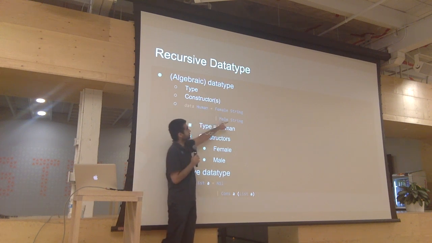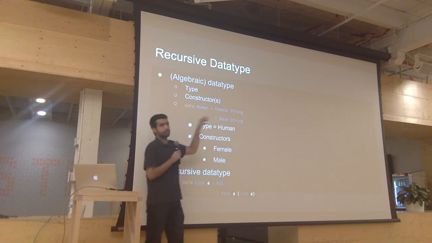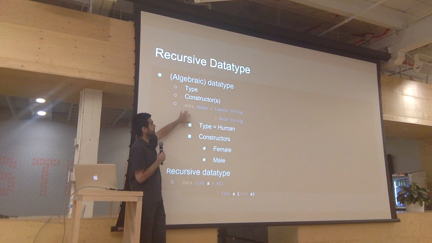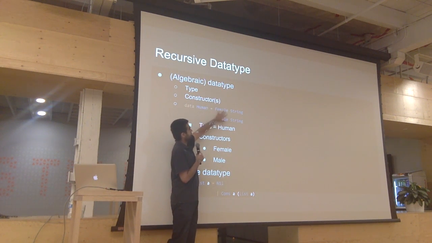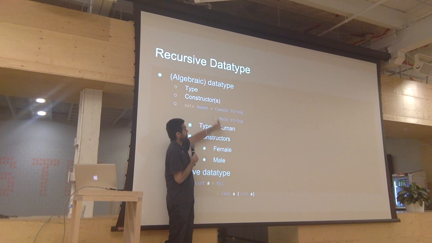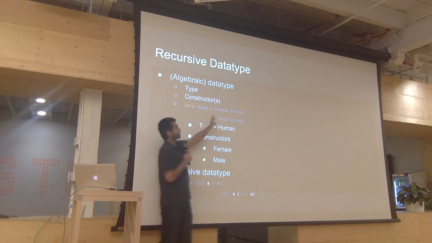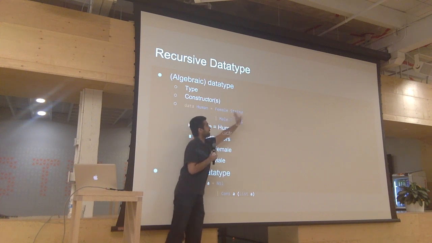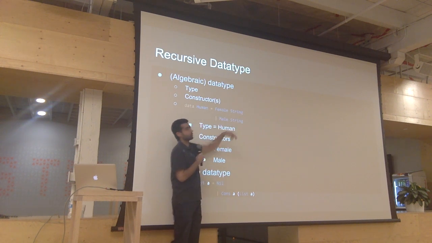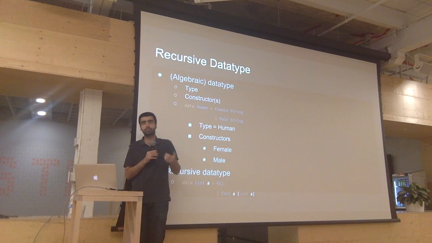Each one of the constructors takes a string argument. This is the Haskell syntax. So if you're reading a data declaration, the first thing is the type. The things after that, which are separated by this vertical pipe, are the constructors. So the first would be the constructor name, and everything after that, before the next pipe, is going to be the type of the arguments that that constructor takes.